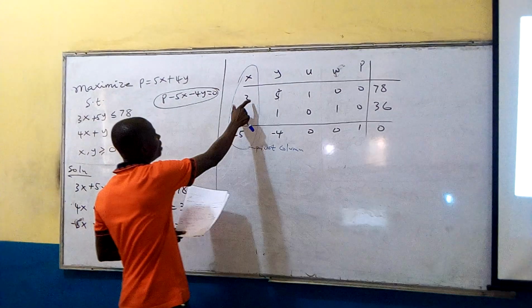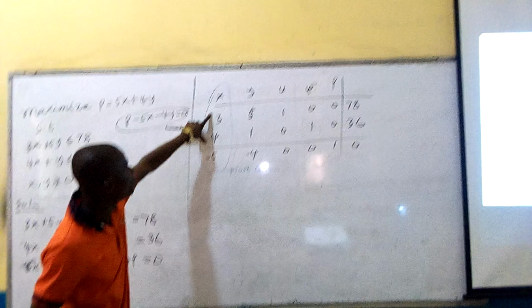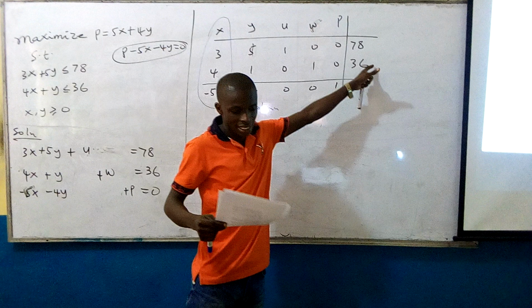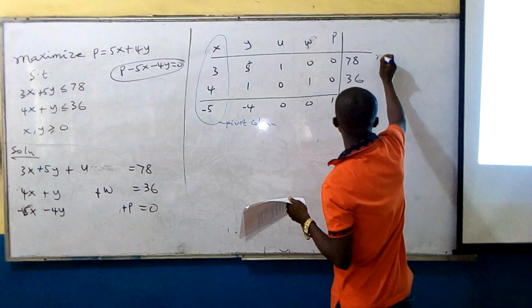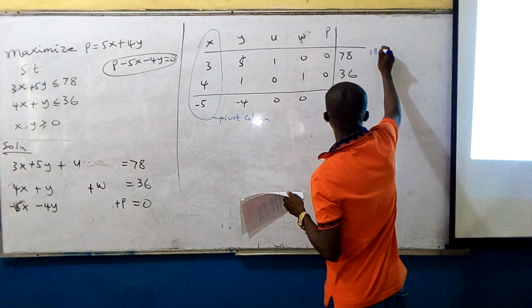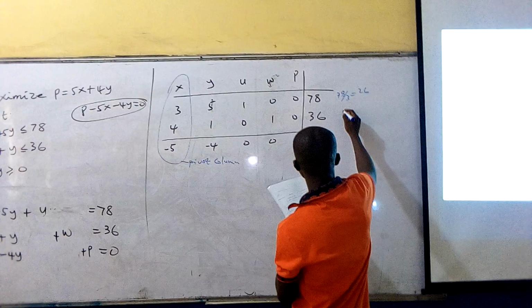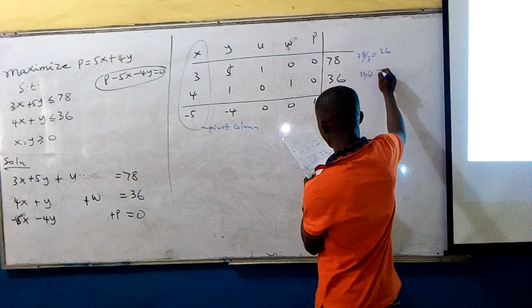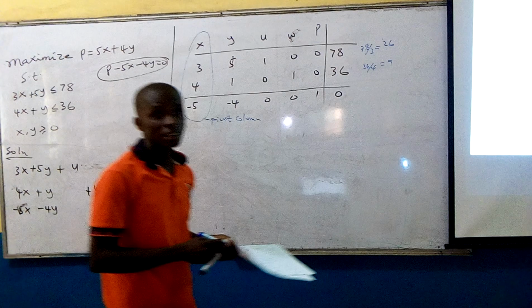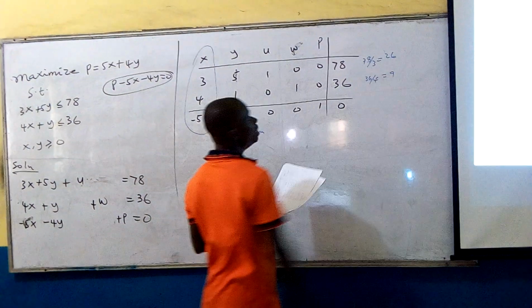Then from the pivot column, we look at the values and we divide the right hand side by them. So we have 78 divided by 3, which gives us 26, and 36 divided by 4, which gives us 9. Now, this gives us the minimum positive value.